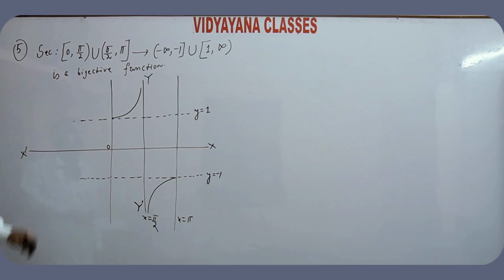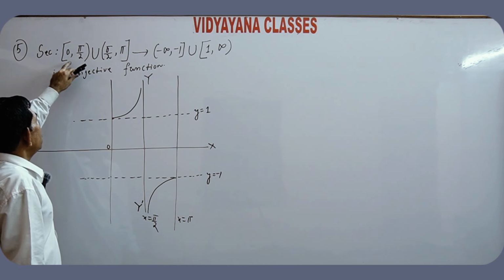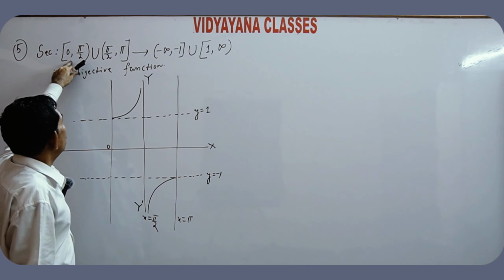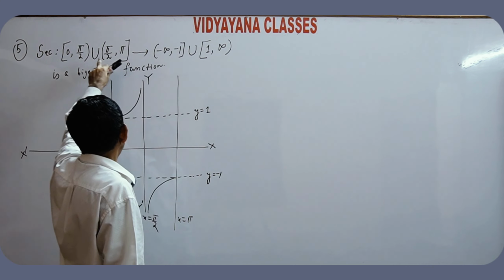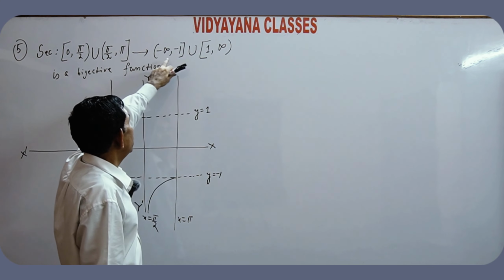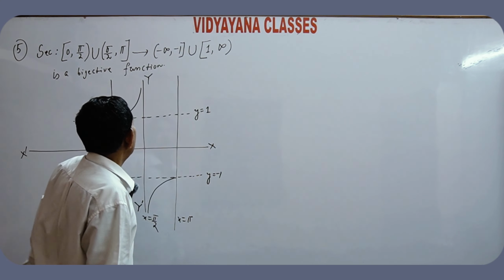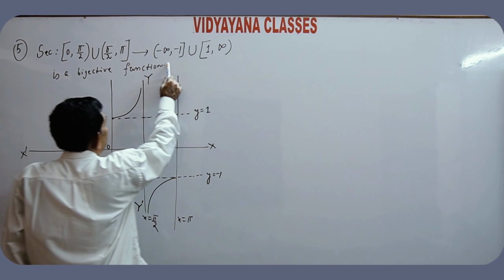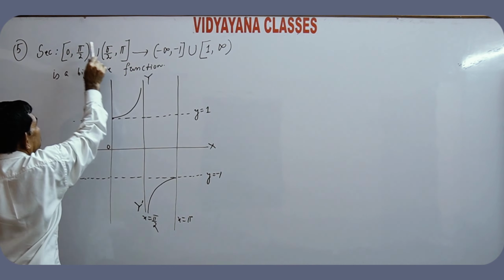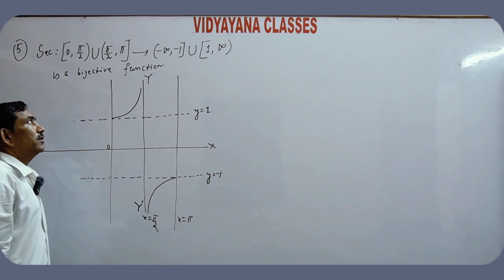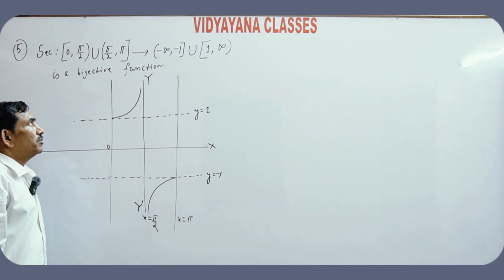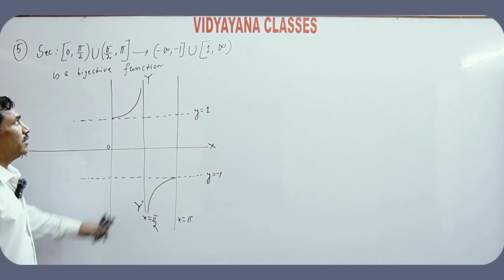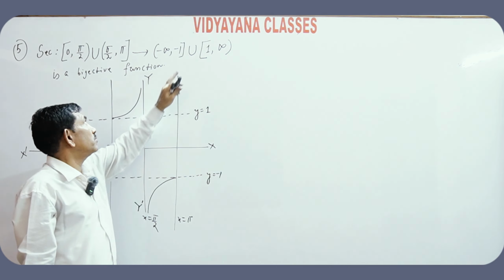So the function is 1-1. When x varies in this interval, y varies in this interval. That means the range of the function is equal to the codomain set. It is the domain set, it is the codomain set. The range is equal to the codomain set, so the function is onto.